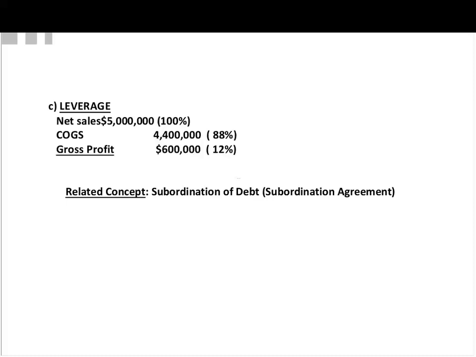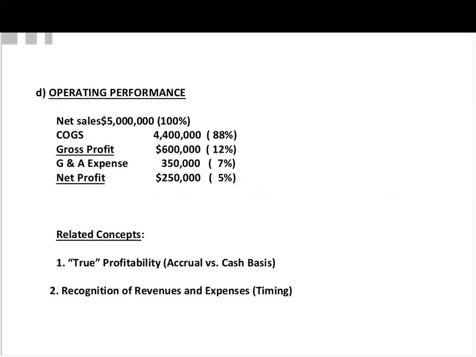Moving forward, page number 17, the fourth of the 5-step model: operating performance, or the margins. We talked about profitability, the margins. You can see we look at the income statement and we put it in percentages. Cost of goods sold, 88%, is the 4.4 million divided by the 5 million, and so forth.